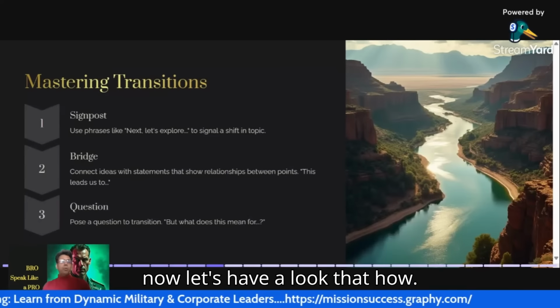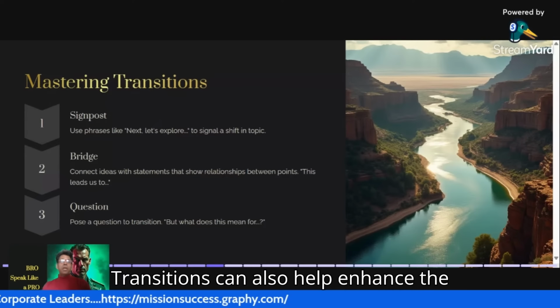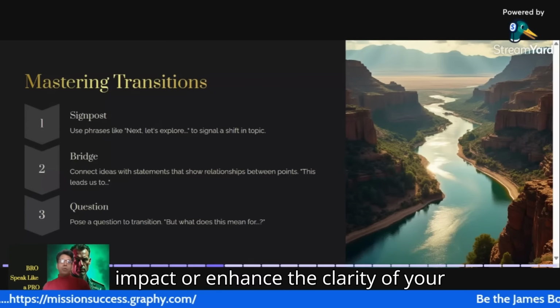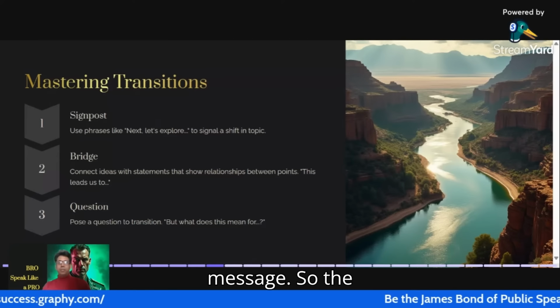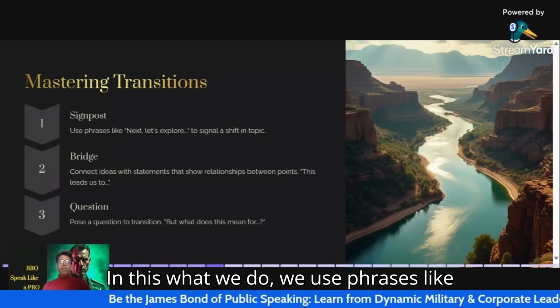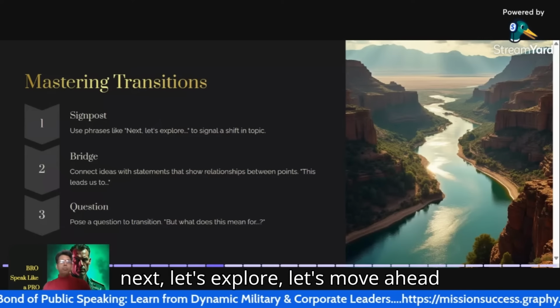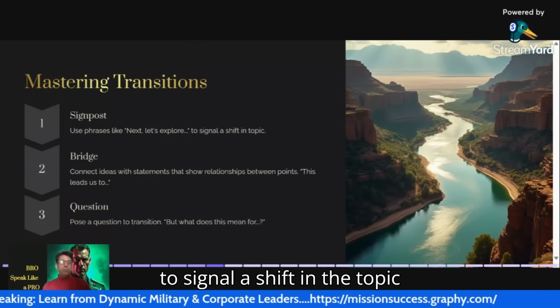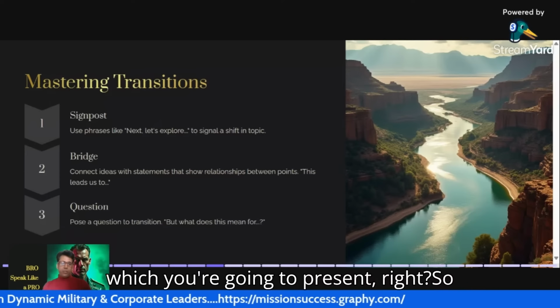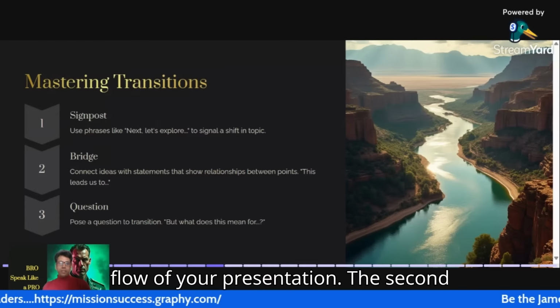Now, let's have a look at how transitions can also help enhance the impact or the clarity of your message. So the first transition technique is signpost. In this, we use phrases like next, let's explore, let's move ahead to signal a shift in the topic which you're going to present, right? So this helps the audience to follow the flow of your presentation.